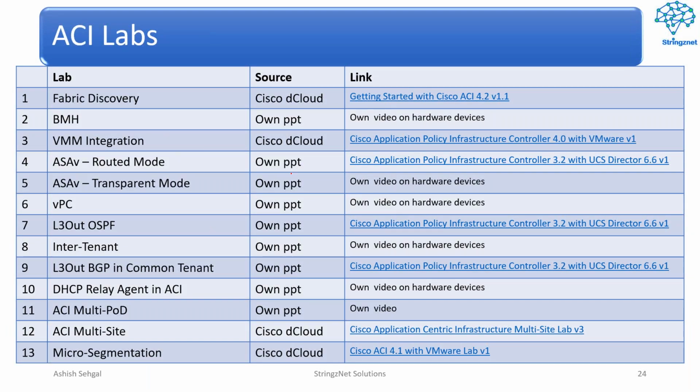All the labs are hands-on, and yes, we do need to have understanding of labs such as fabric discovery, bare metal host integration, and the last labs, for example, multi-pod, multi-site, micro segmentation. These are the most important labs, even from our production point of view.